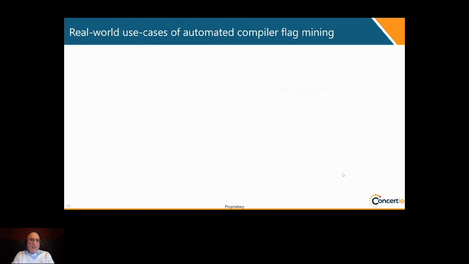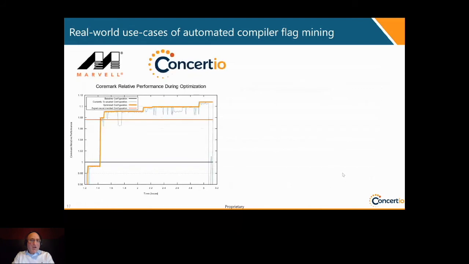And let's talk a bit about real-world use cases. So Marvell has published a use case with Optimizer Studio, where they try to optimize the CoreMark benchmark. And they were able to achieve 10.5% of improvement using the tool. And that was particularly interesting because they achieved using manual optimization around 7%, a little above 7%.